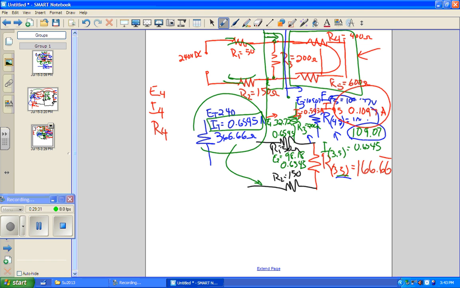Okay, so we have a current of 0.1097, right? And on resistor 4, we have 400 ohms of resistance. So if we multiply up, what will we get? Our voltage, 0.1097.